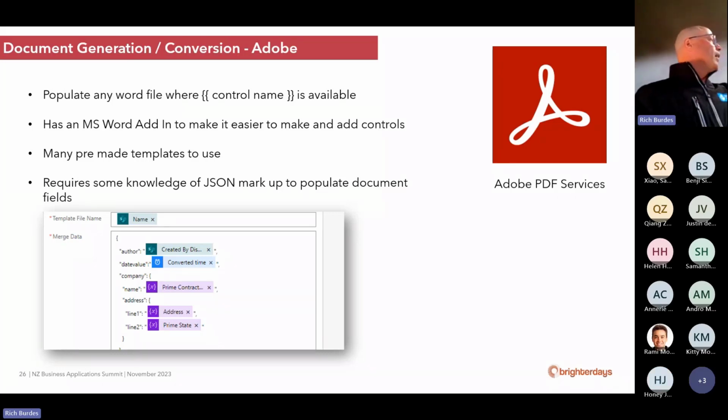So that's the add-in. There are lots of tools online on the Adobe website where you can look at examples of other documents that are made, but that's that one. You do need to know a little bit about JSON. Those squiggle brackets where it says control name will be the same as author and date value and company.